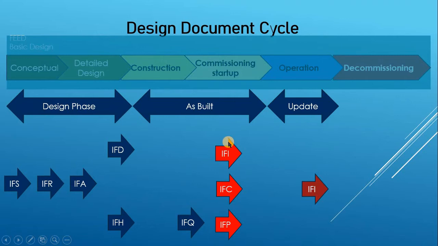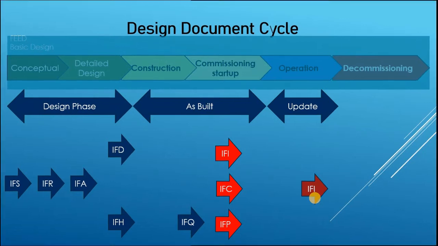So those are what we can call the final stage of a design document. When you do the as-built, after that you may change the IFC to issued for information only. That's based again on each design company and the client itself.